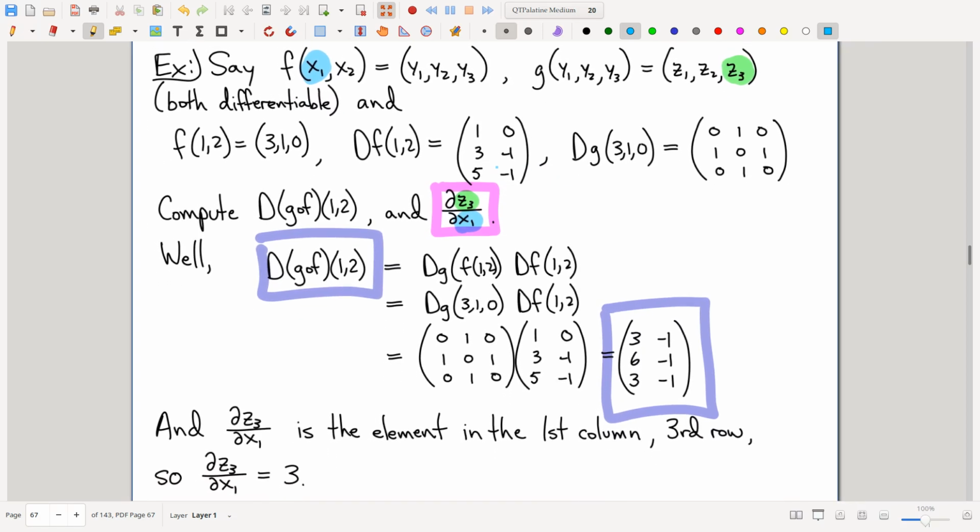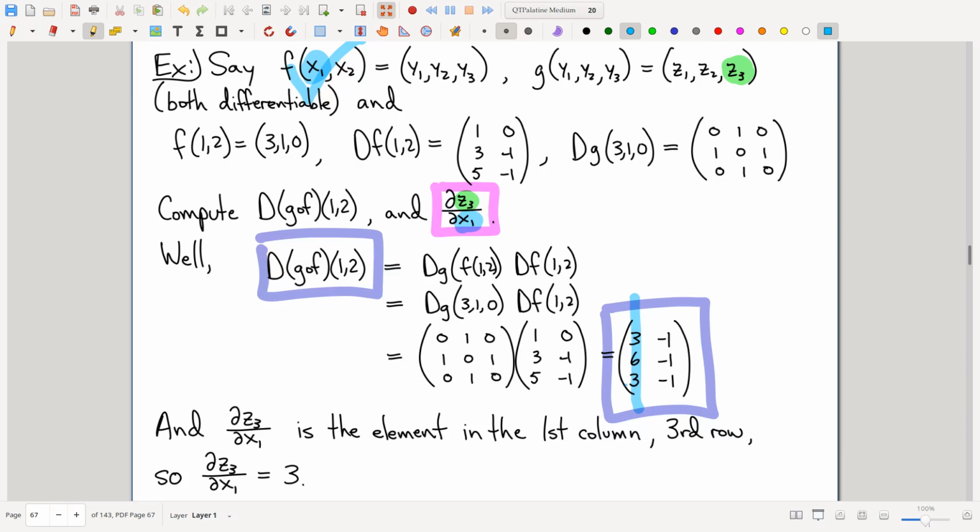There we go. We are taking a partial with respect to the first input variable. Remember, columns correspond to input variables. So because we're looking for the partial with respect to the first input variable, what we're interested in is the first column. Is that cool?